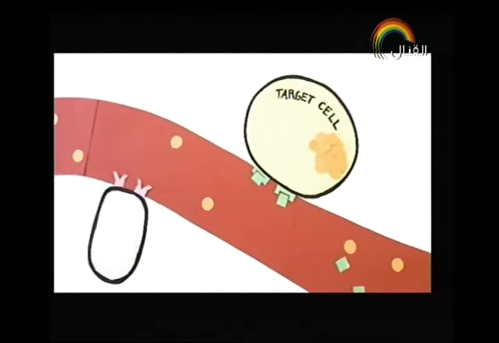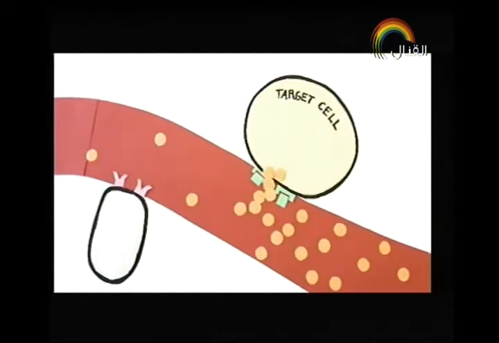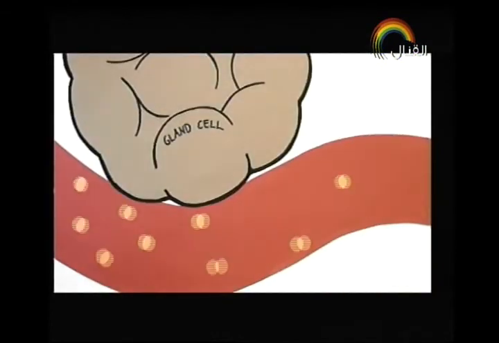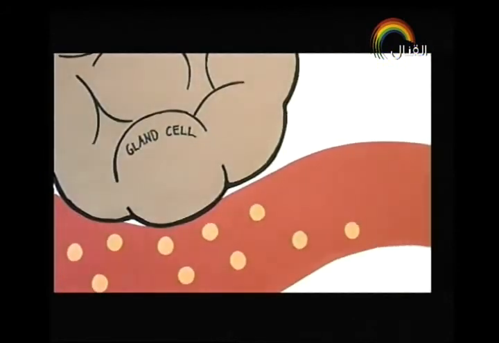Directly, the target cells are the cells that attach, and they are very important for the hormone. And as soon as the hormone connects and gives the stimulus, the target cell starts for what? It starts the function. Okay, and so on.